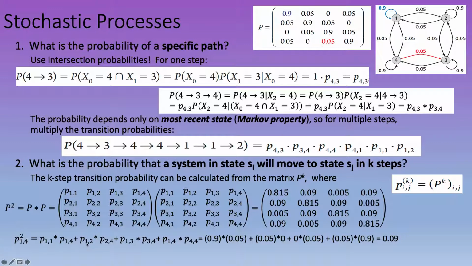Or I could go to position 2 and then go 2 to 4. I have to add that to my path, so the probability of going from position 1 to position 2, times position 2 to position 4. The other way I could do it is if I was in position 1, I could go to 3 and then 3 to 4.